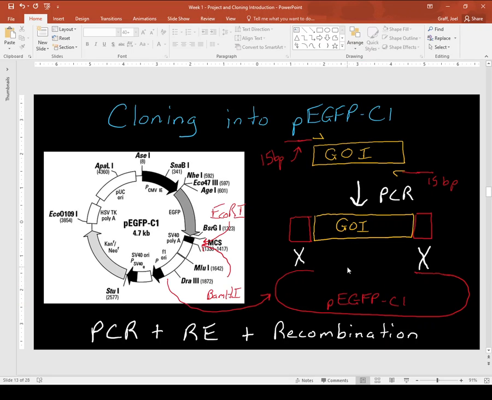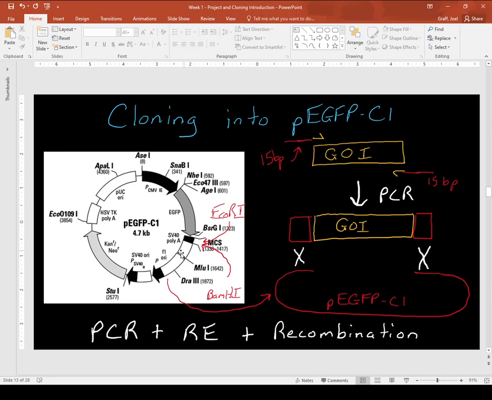recombination. We have other fluorescent plasmids such as mAzurite C1 that is exactly like pEGFP C1, except some of the sequence within the colored fluorescent protein gene sequence has been changed, so it goes from being a green fluorescent protein to a blue fluorescent protein.